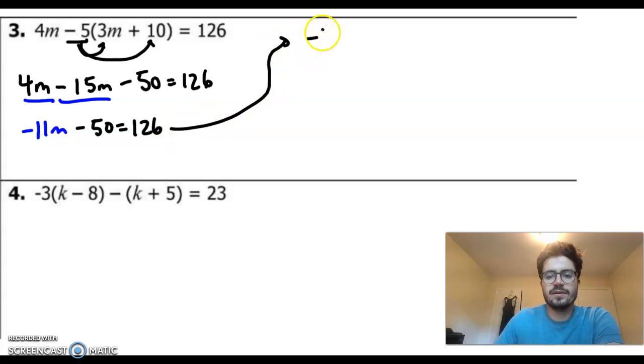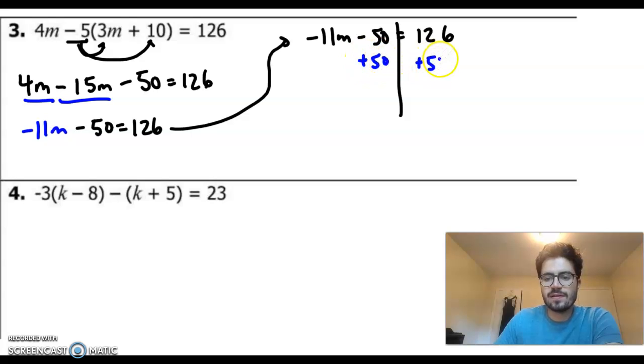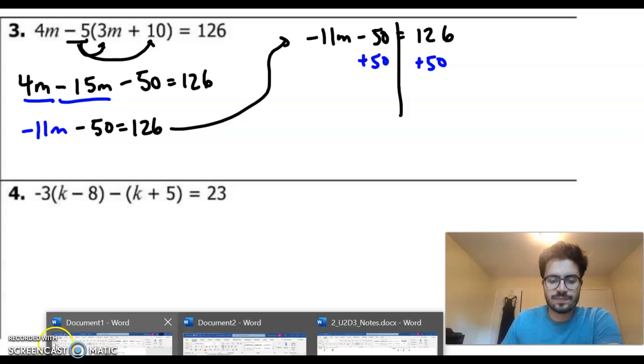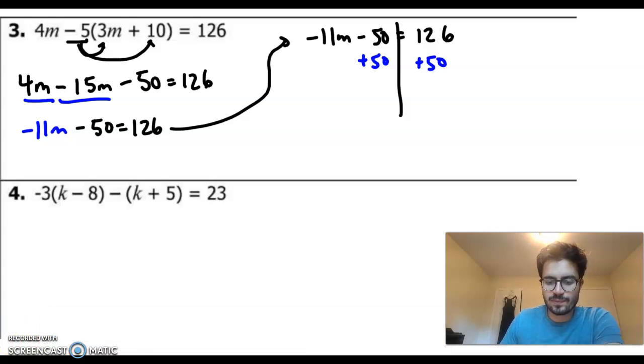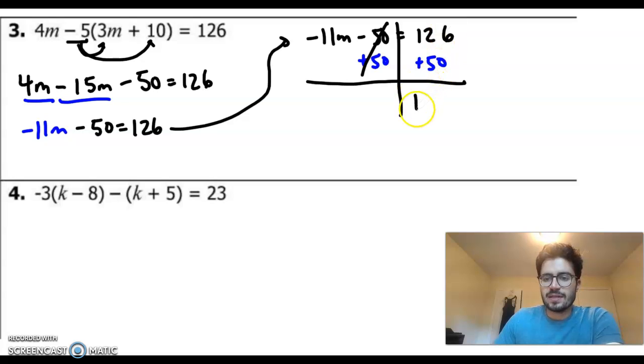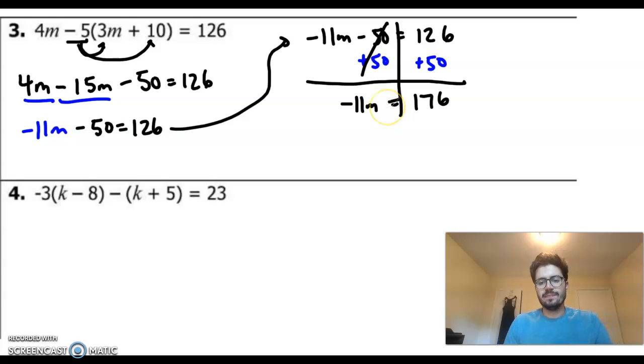I'm going to bring it over here. I know how to solve this. I'm going to add 50 to both sides. 126 plus 50, that's 176, equals negative 11m.